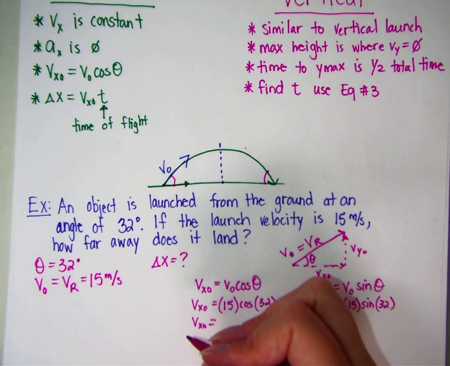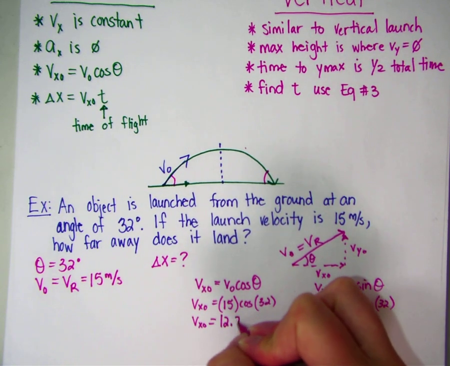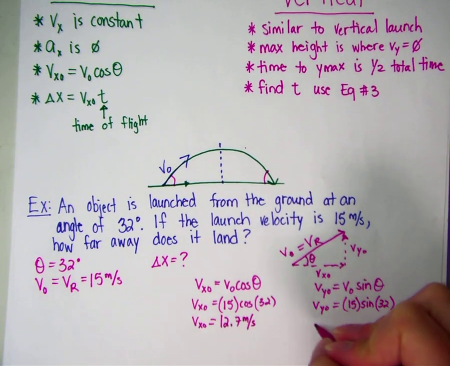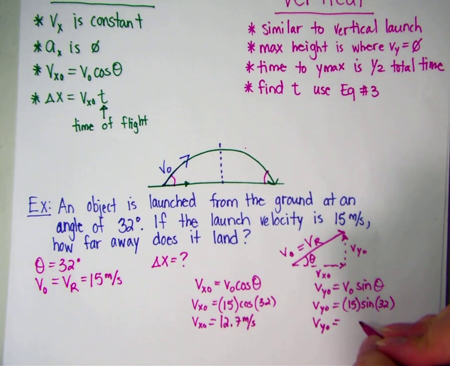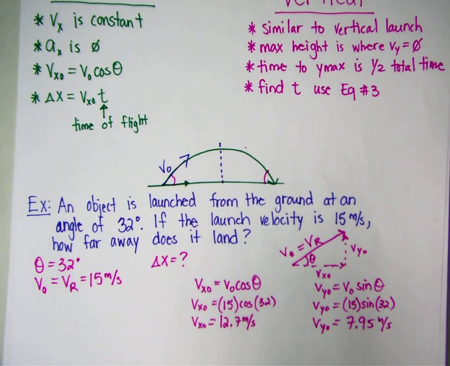You get 12.7 and 7.95. We're just going to round to 3 sig figs for both of them, just for fun. Once I get my individual components, now I can start looking for other things.